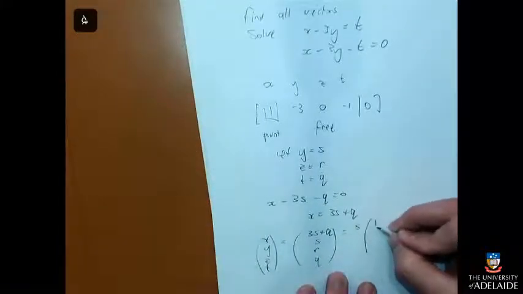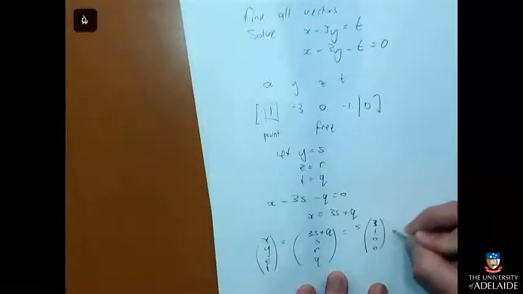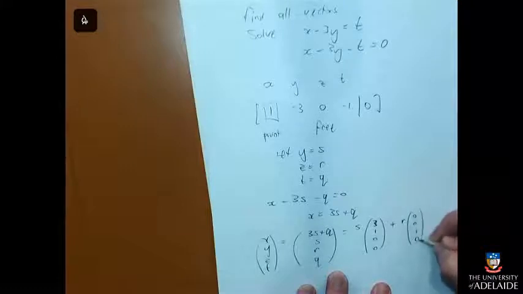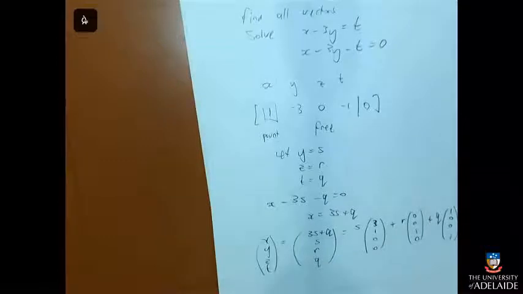So s lots of 1, 3, 1, 0, 0, plus r lots of 0, 0, 1, 0, plus q lots of 1, 0, 0, 1, and there's my basis there. So that's one way of doing it.